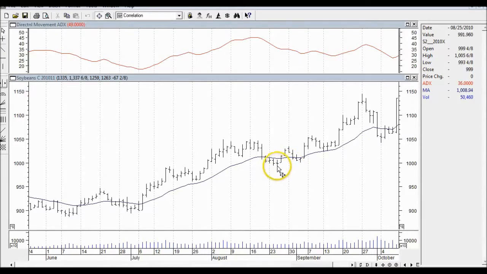Your initial stop would be right below the low of this signal bar, which here would be under 993 and 4/8, so about 993 and 2/8, formerly 993 and a quarter, and ultimately you end up with a market that makes a 5-day low. So you're going to probably, as a swing trader, exit this trade with a small profit, so you never retested these highs. Now you get another signal here when the market pulls back to the 20-day EMA.